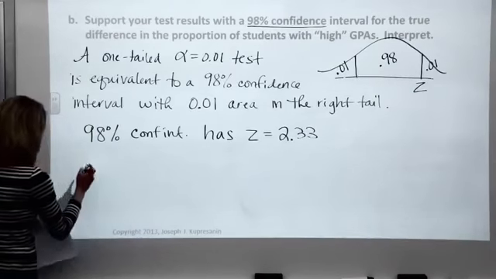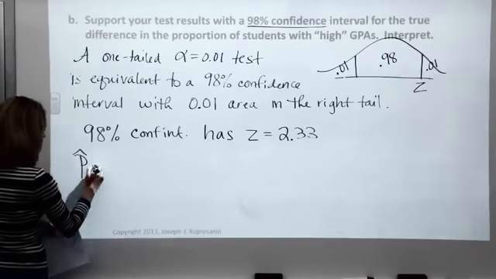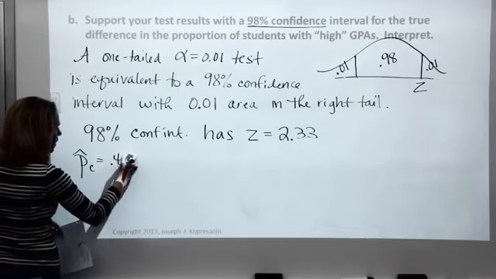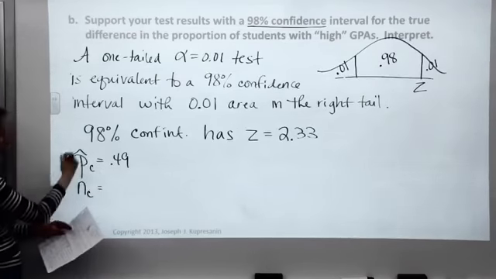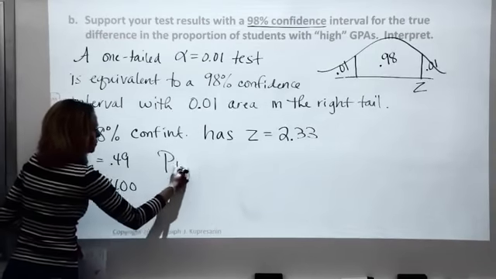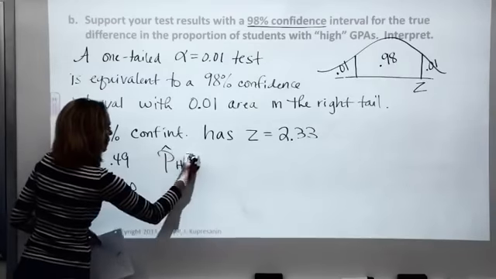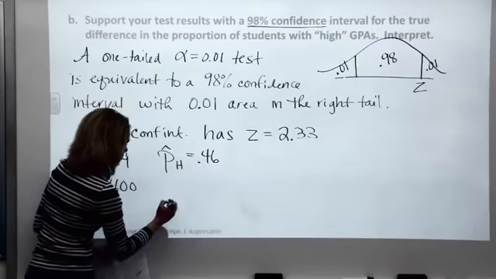Just to summarize some information, recall that our p-hat for Cecil was 0.49. Your sample size for Cecil, this is the first sample here, was 400. For Hartford, it was 0.46, and we sampled 700 students.